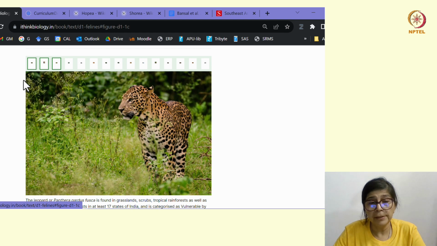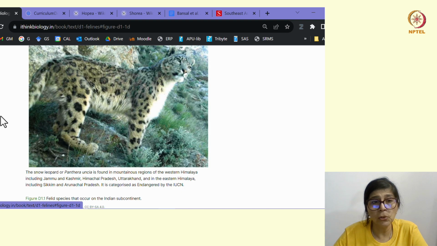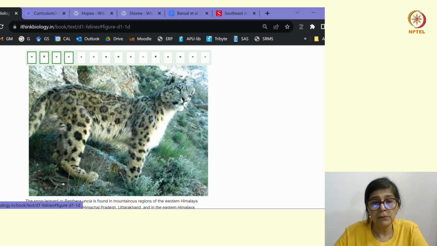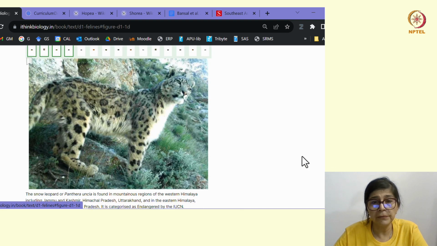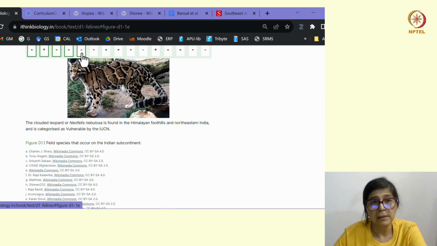Leopard, Panthera pardus, found in the grasslands, actually all over at least 17 states, considered vulnerable these days because of habitat destruction. This is the snow leopard, Panthera uncia, found in the mountainous regions of western Himalaya, including Jammu and Kashmir. Very beautiful cat.